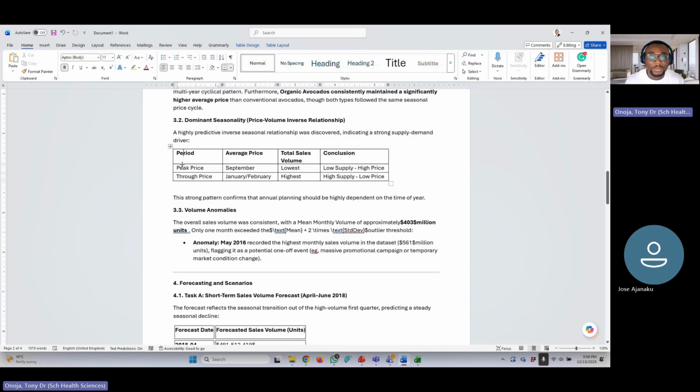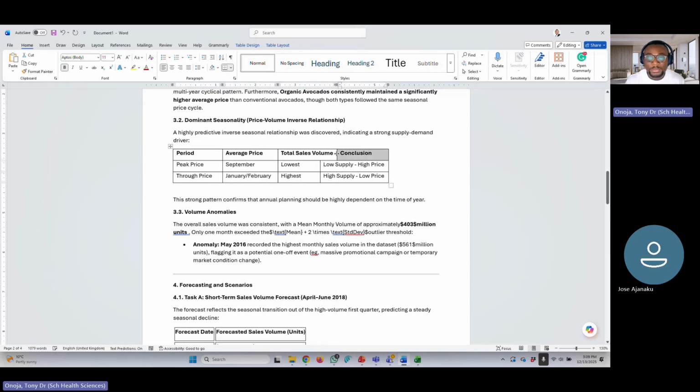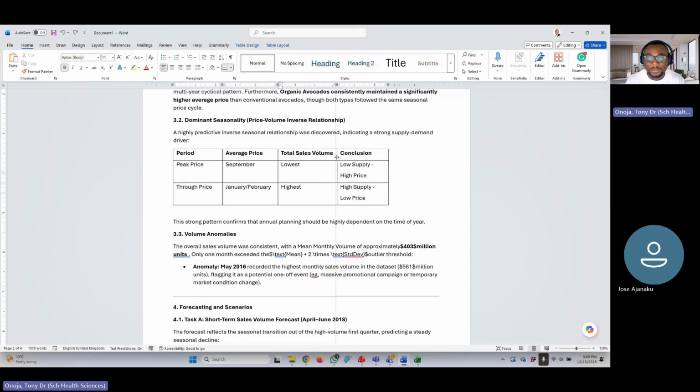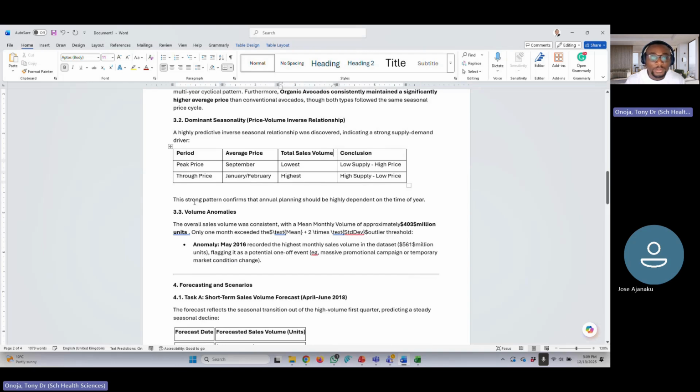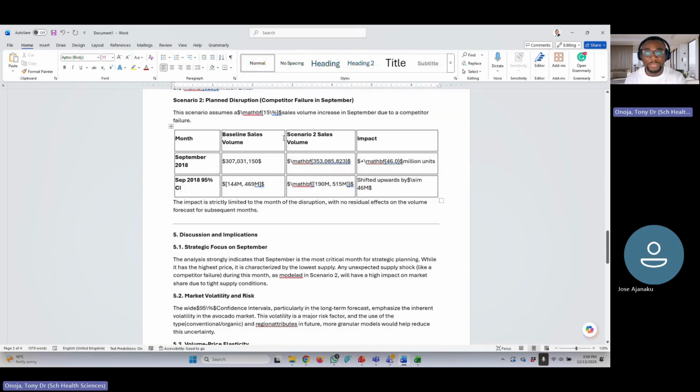Probably you want it a bit bigger. Sorry. All right. So you see, maybe you do it for all the tables to make sure you get them, because this format of table is not making sense.